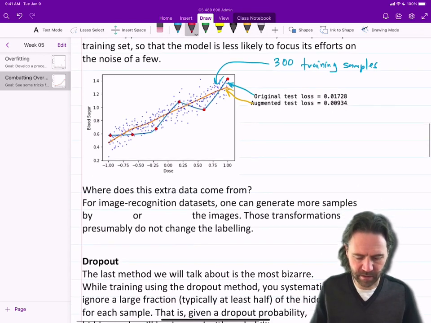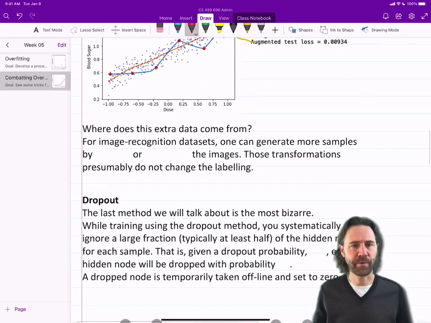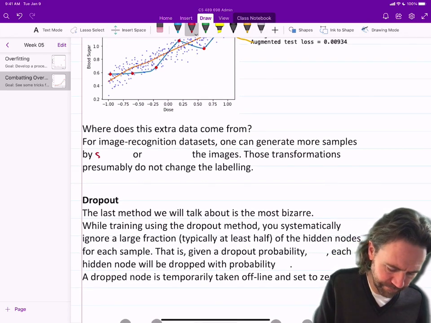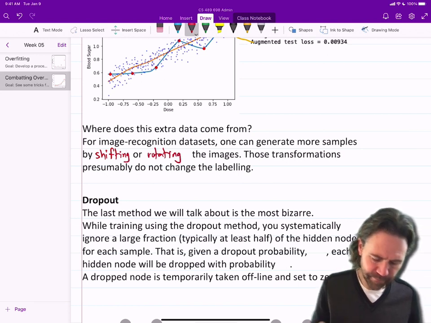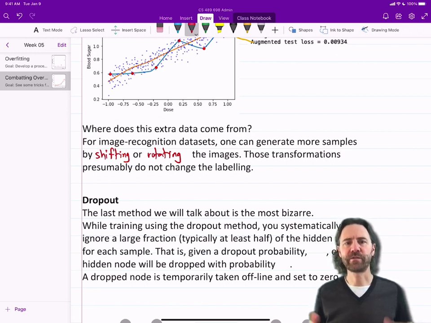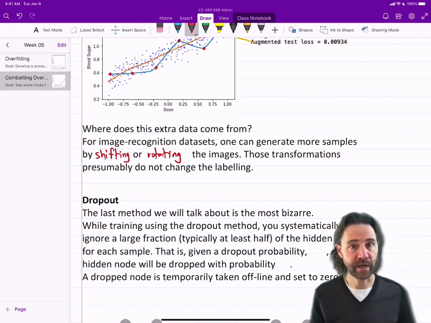So one can generate more samples by shifting or rotating the images. Those transformations presumably do not change the labeling, but they do change the input images.